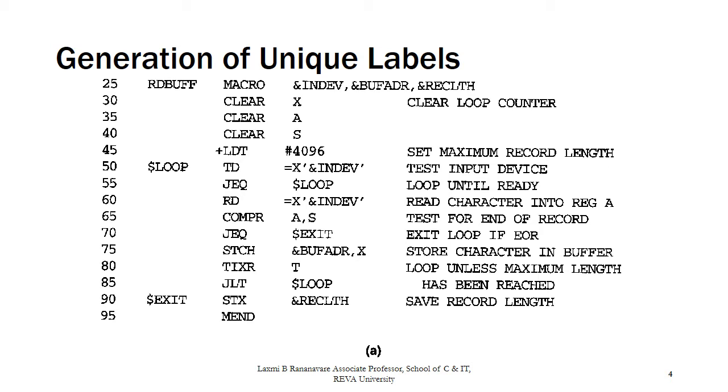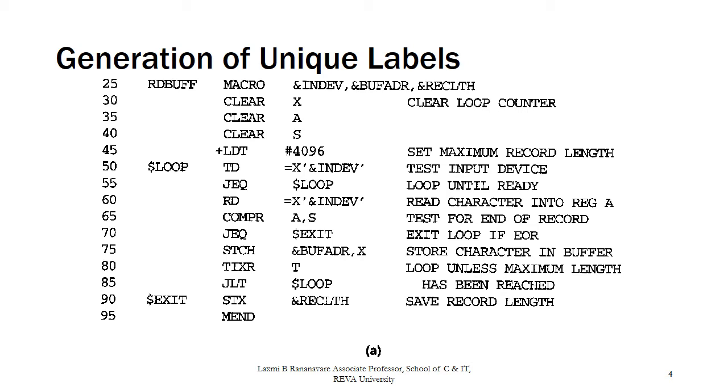Now consider the example. We have read buffer here, and the macro has 3 parameters: ampersand indev, ampersand buffer address, and the third one is ampersand record length. So these are the parameters for this macro read buffer, which has some instructions.